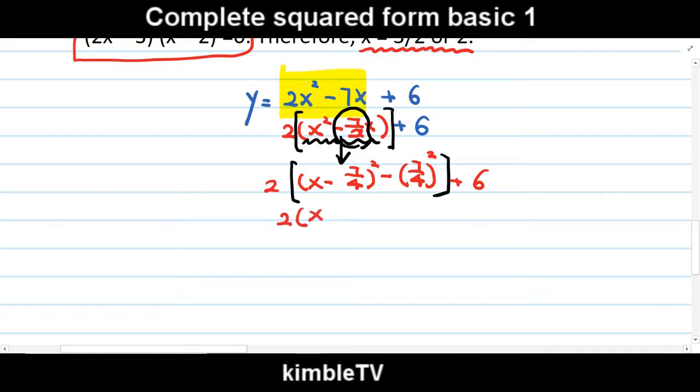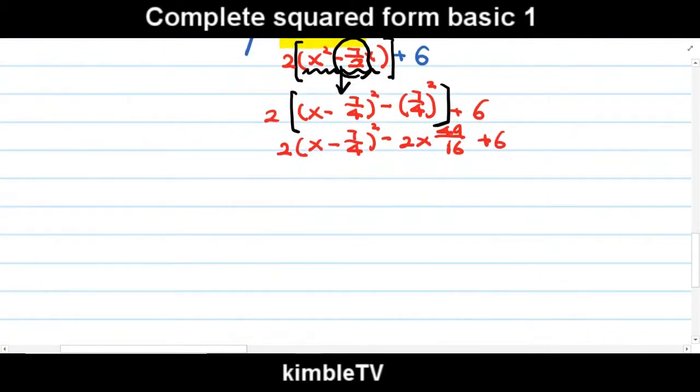I expand: 2 times x minus 7 on 4 close bracket squared minus 2 times 49 on 16 plus 6, so 2 open bracket x minus 7 on 4 close bracket squared minus 49 on 8 plus 6. 6 is the same as 48 on 8.